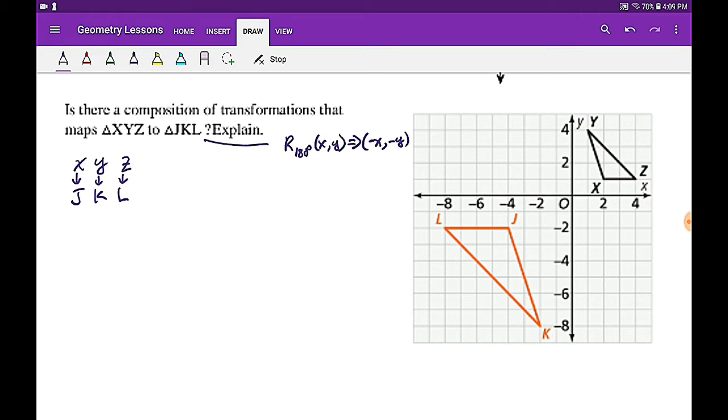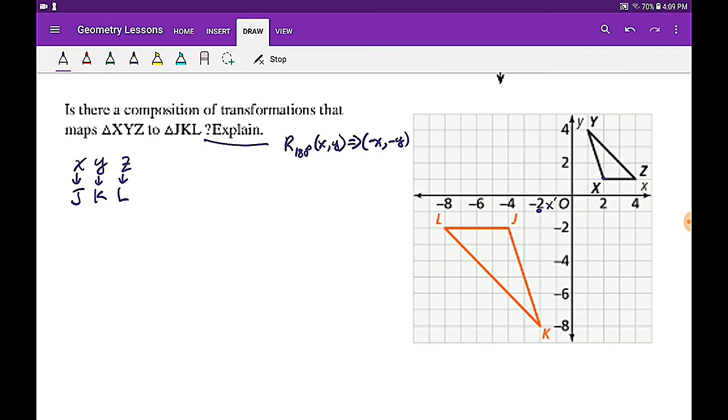All right, so this is going to happen. So X with coordinates (2, 1), after the rotation, will have coordinates (-2, -1). So X will go right there. That's our X prime.